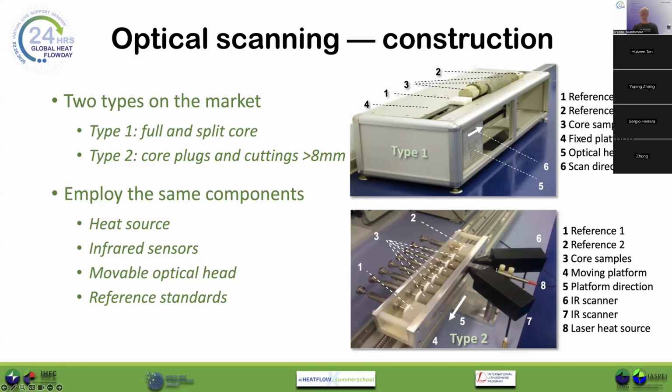Type 2 has the same components, but the heat source and sensor are mounted to the side, and the standards are again clamped sideways on this instrument at the start and end of the samples to be measured. So you'll notice that you can measure several samples at once, which is a big advantage.